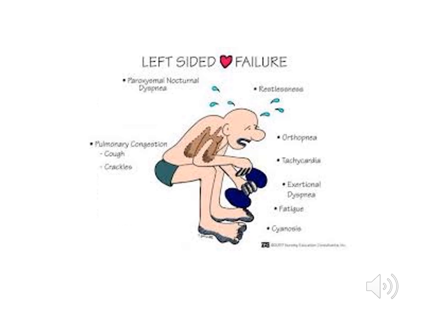Right side failure causes hypoxia because the blood isn't getting pumped to the lungs to pick up oxygen. Left heart failure causes hypoxia because the blood is backing up in the lungs and we have pulmonary edema, right? So both right and left heart failure cause hypoxia, but only left heart failure causes pulmonary edema. Got it?